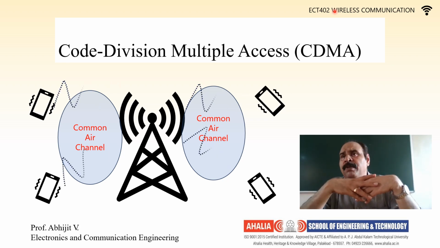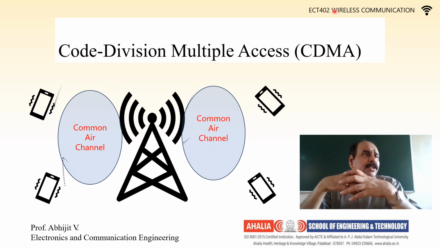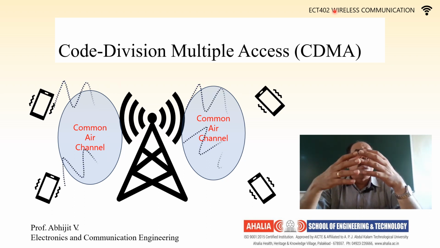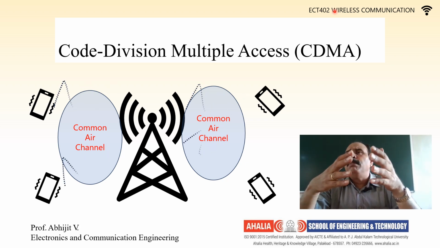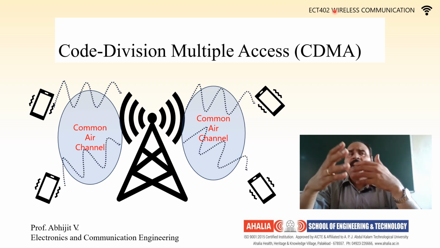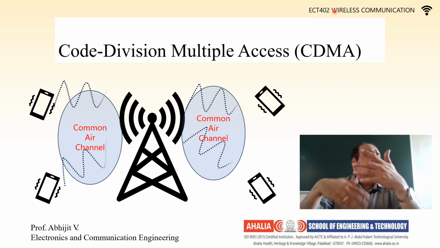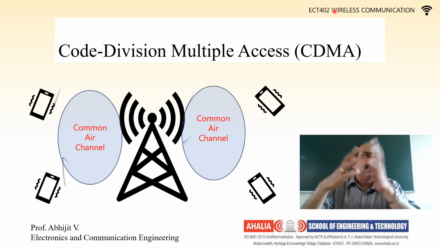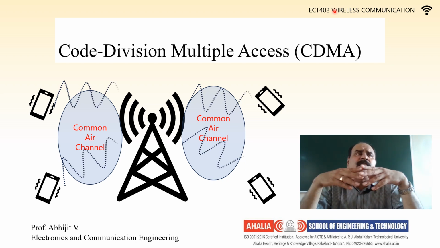We did not have enough bandwidth, we did not have enough data rates, and so on. With the advent of multiple access, several users were able to share a single resource. It multiplied the facilities and increased them to a very great extent.